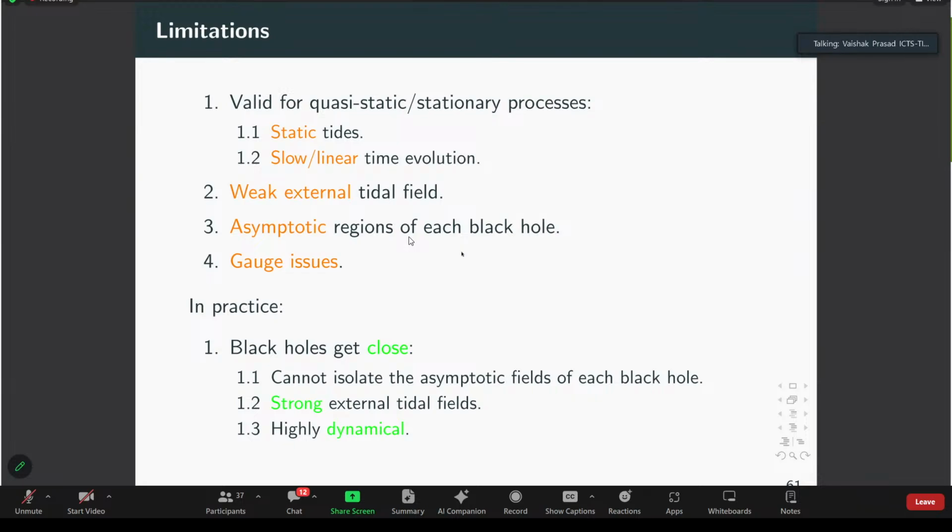There are also discussions currently happening on whether the results on the field tidal Love numbers are gauge invariant and so on. So these are interesting investigations that are happening. We wanted to propose an alternative approach to understanding tidal deformations, which would be valid even in strong field regions, in highly dynamical regions where you cannot isolate the asymptotic fields of each black hole.